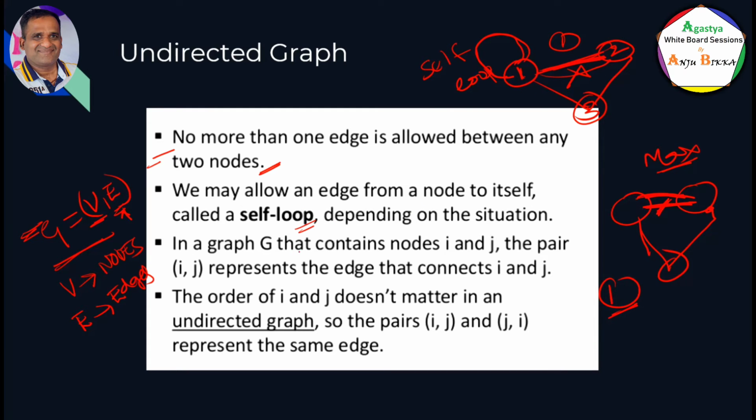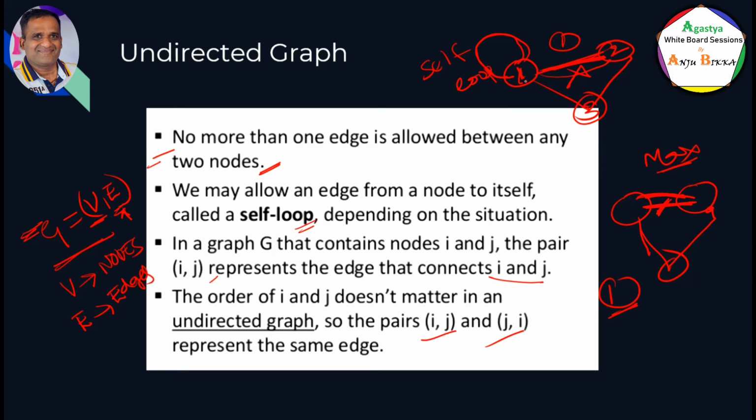Next, in a graph, when we use the nodes I and J, the pair I and J represents the edge that connects I and J. This is important: the order of I and J doesn't matter in an undirected graph. So the pair IJ or JI represents the same edge.